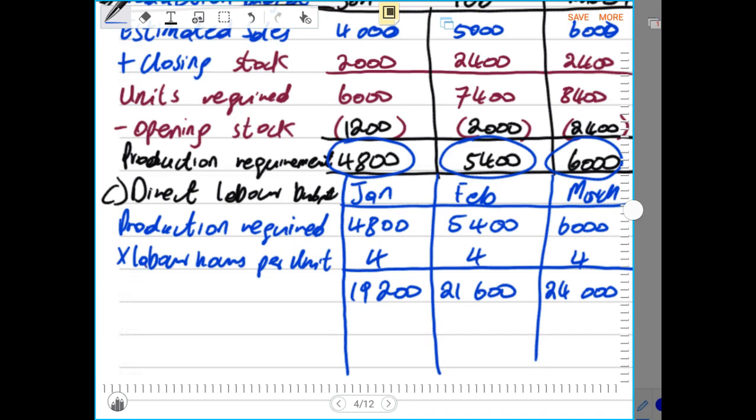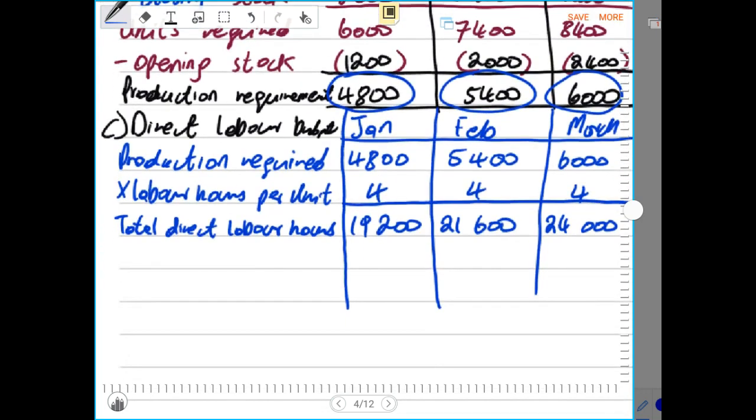Therefore, this will give us total direct labor hours, and our total direct labor hours are given as 19,200, 21,600, and 24,000. Then after, we multiply that by the labor rate per hour, because our employees are paid per hour, not per product.